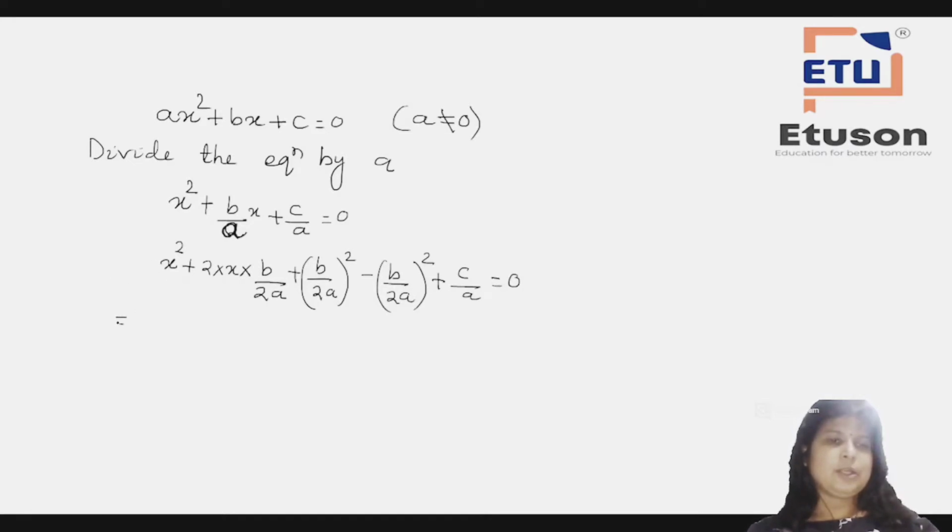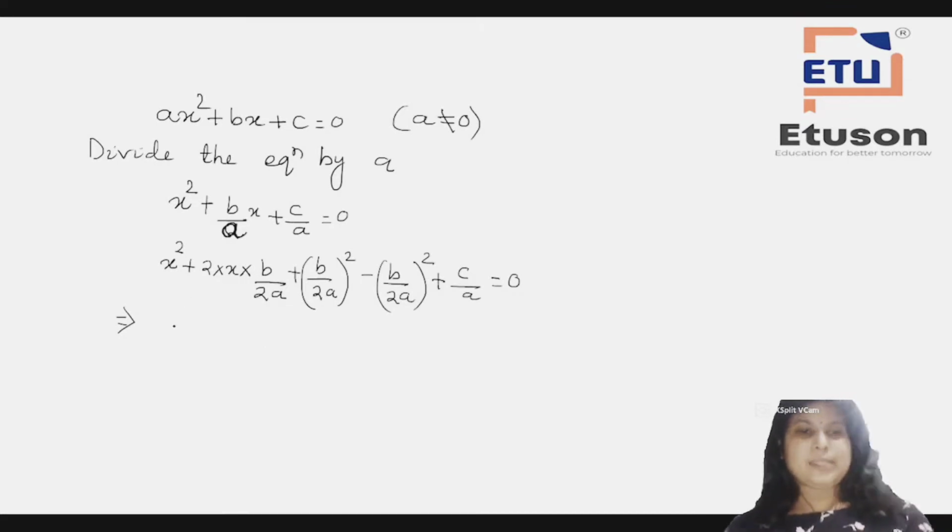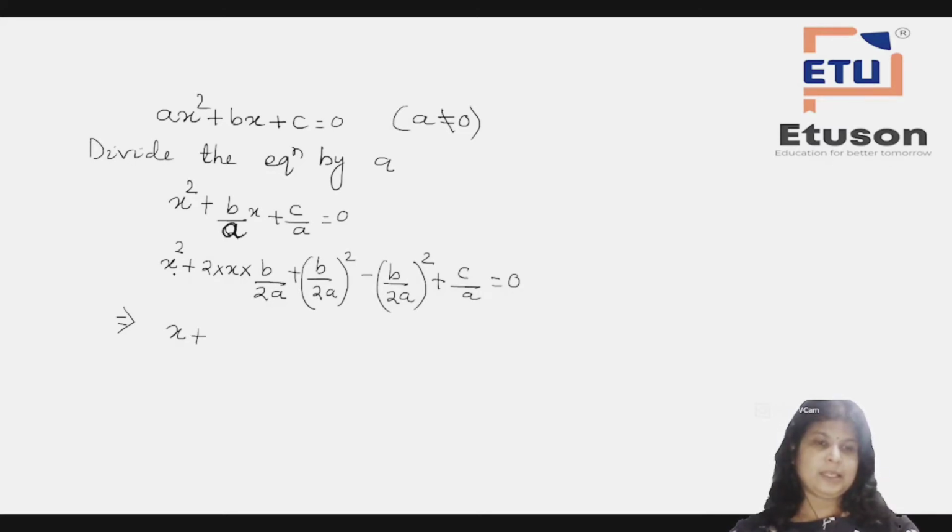Correct? So already we have used this concept for the completing the square method. The same thing I am repeating here. So look at the first three terms. They represent a plus b whole square. Correct or not? So let us write down what is a here, what is x, and what is b here. b is equal to b by 2a. So x plus b by 2a whole square. Now let us solve it. So I will write the positive term first.